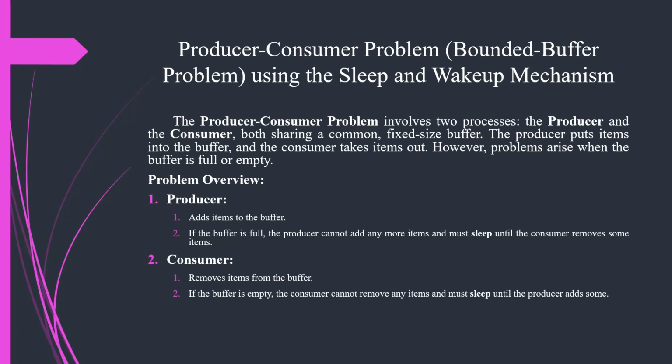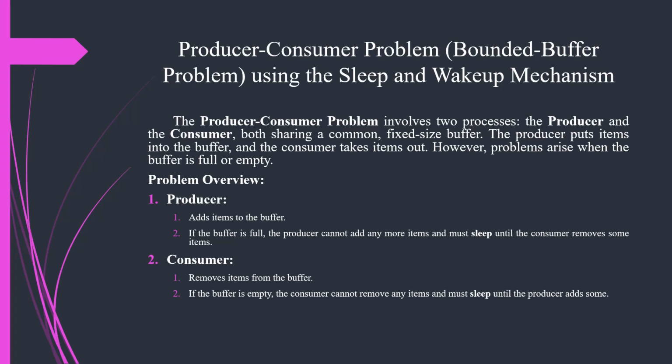The consumer is going to remove items from the buffer. Continuously a consumer can take the items from the buffer. If the buffer is empty, the consumer cannot take any items from the buffer. So until the producer puts some items in the buffer, the consumer can be put in the sleep mode.